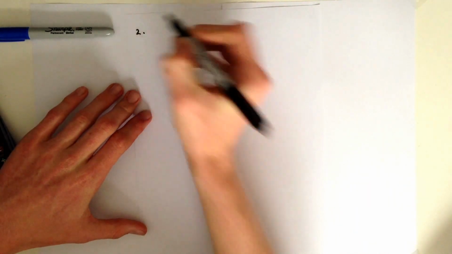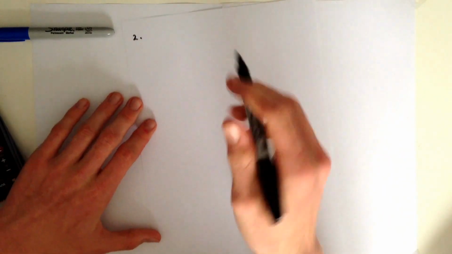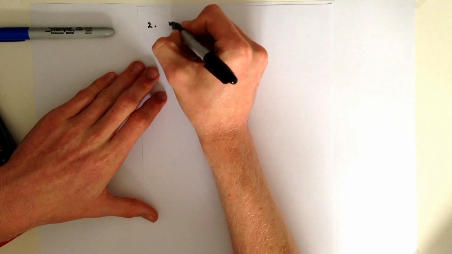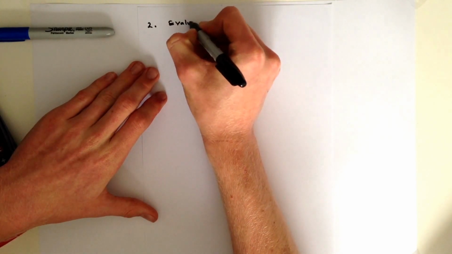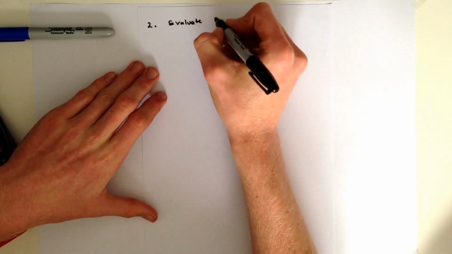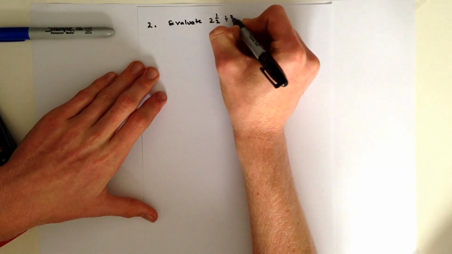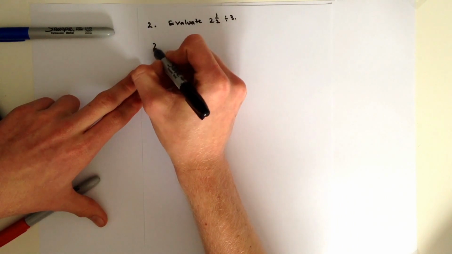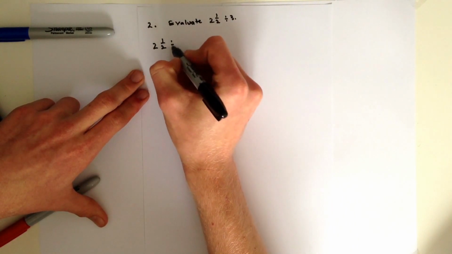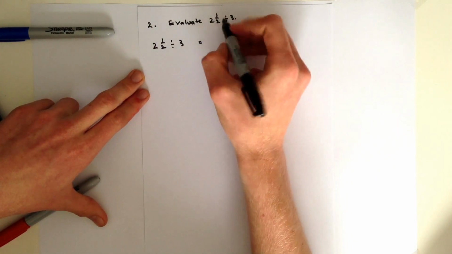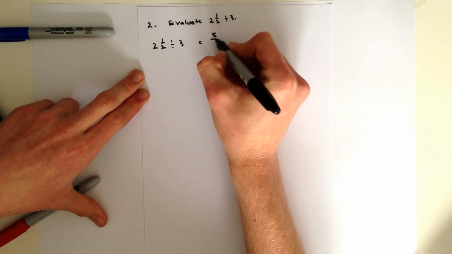One more quick example. Oops, I stuffed up the numbering system, oh well. So, evaluate 2.5 divided by 3. Well, 2.5 divided by 3 equals 5 on 2.